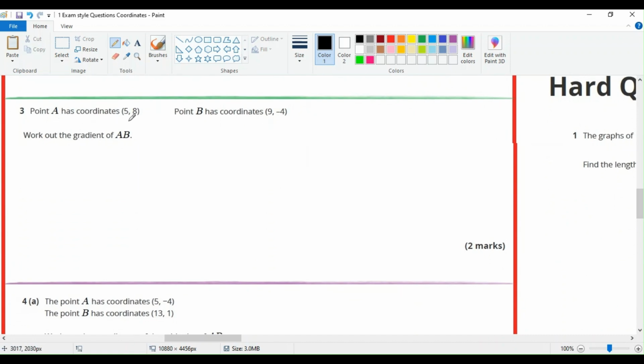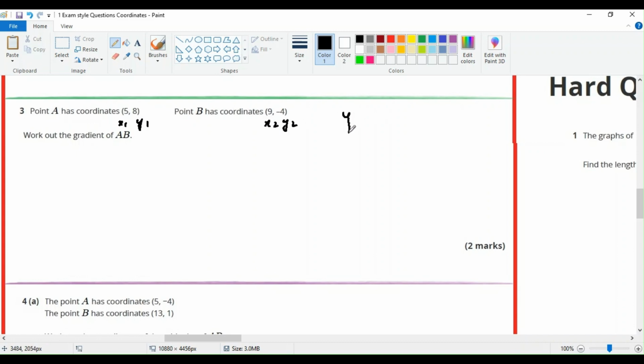Point A has this coordinate and B is this. Work out the gradient. That means we need to find out the gradient of it. We can take any point we want. First of all, this is x1 and y1, and this is x2 and y2.